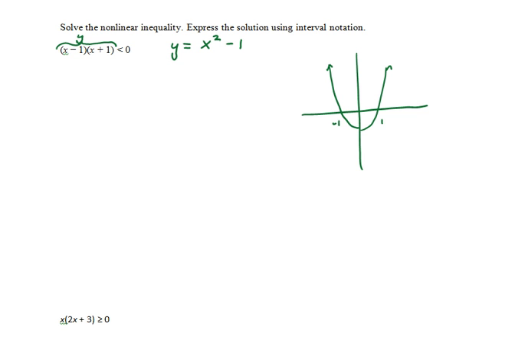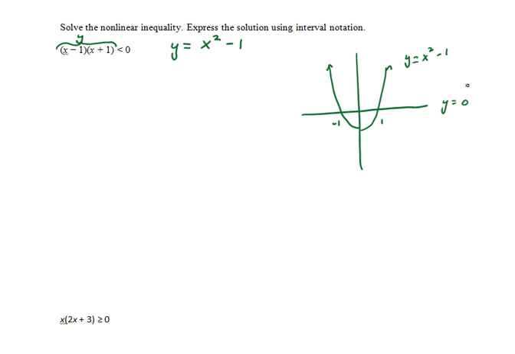And we are going to compare the graph of y equals x squared minus 1 with y equals 0.